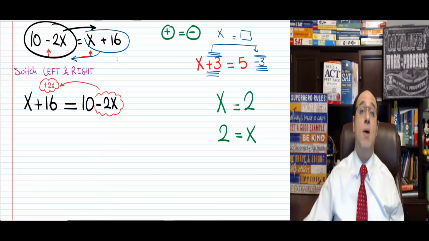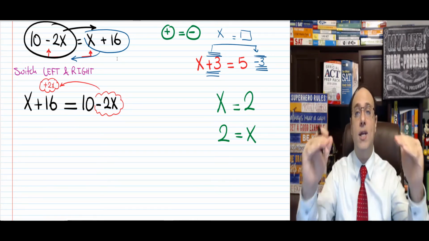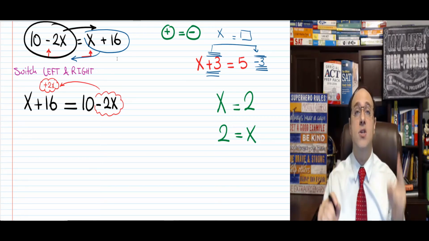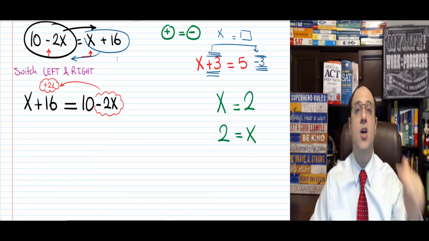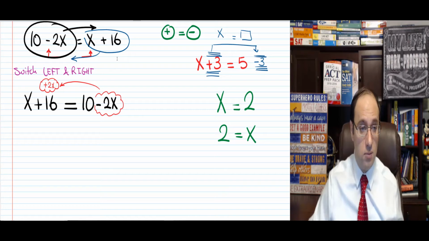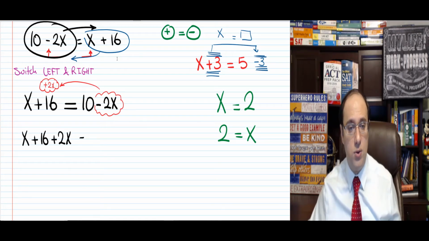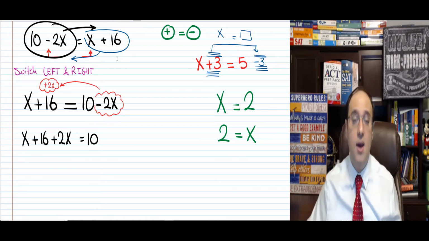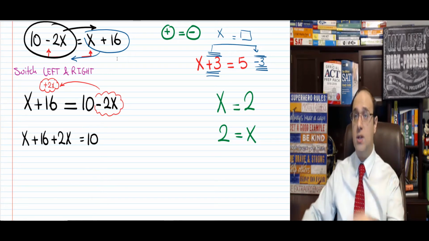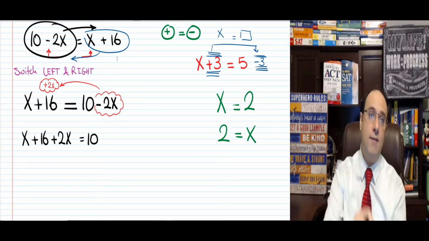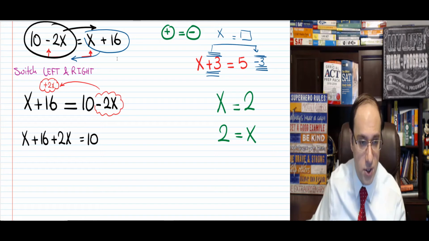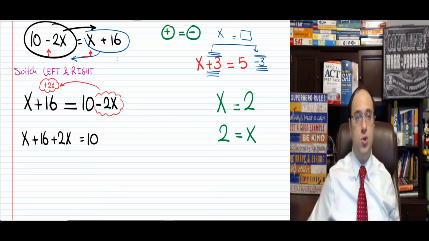Now rewrite. And remember, in math, it's always best to write every step. Don't try to do 2 steps in one line. You'll usually get something wrong. So we rewrite this. x plus 16 plus 2x equals 10. Okay? I got rid of the negative 2x from the right, moved it to the left, changed its sign to plus 2x. Super? Super.